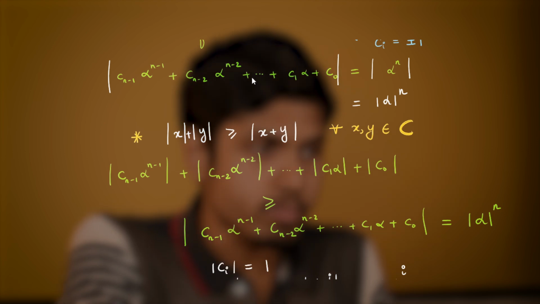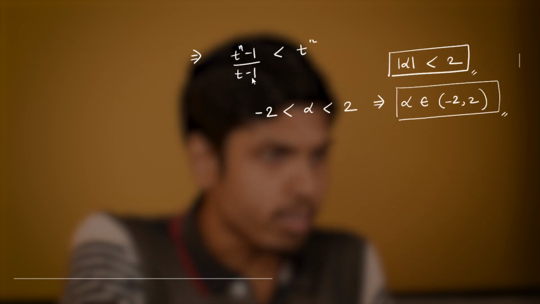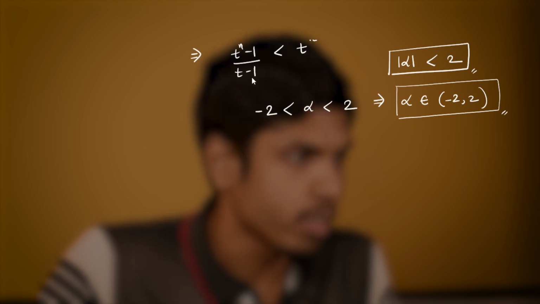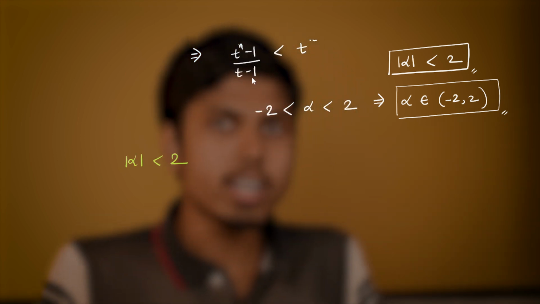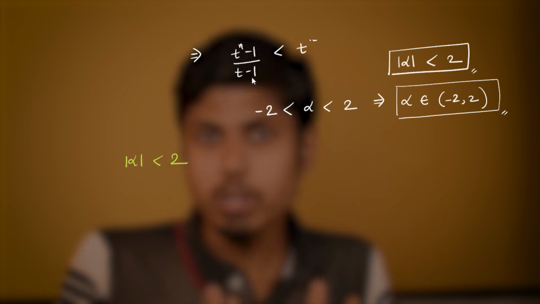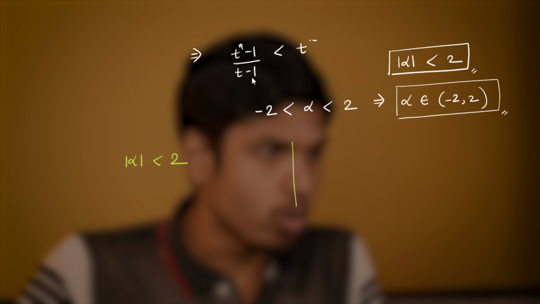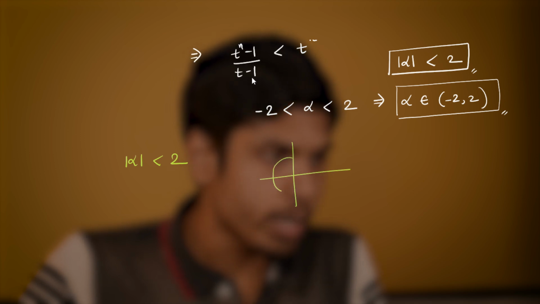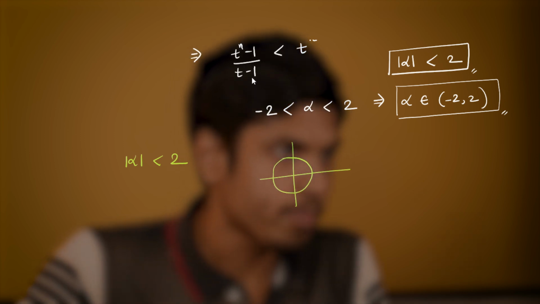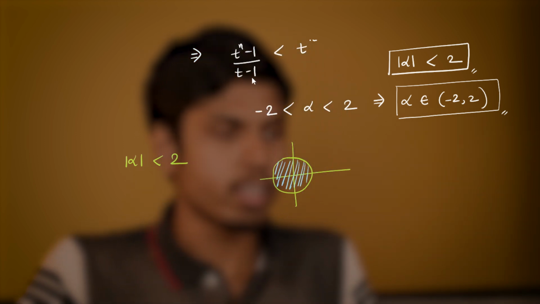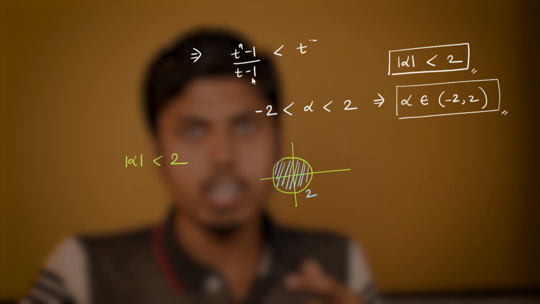So thus, mod alpha less than 2 should imply that the absolute value of any complex root should be less than 2. Or if you go into the complex plane to locate the roots, then it must be in the circle of radius 2 centered at origin.